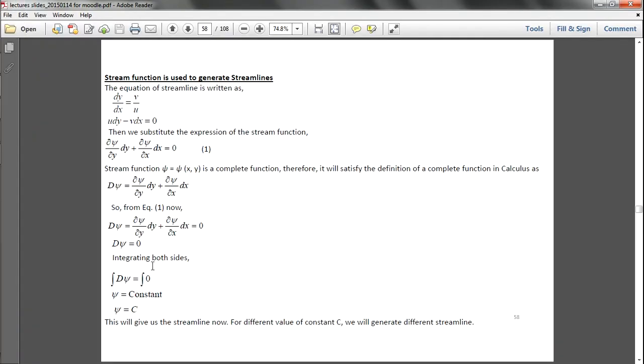So therefore, if you integrate both sides in terms of Ψ, you know that Ψ is equal to some constant c, and this constant c is a value of the streamline. If you want to visualize how a streamline looks, I'll just show you.